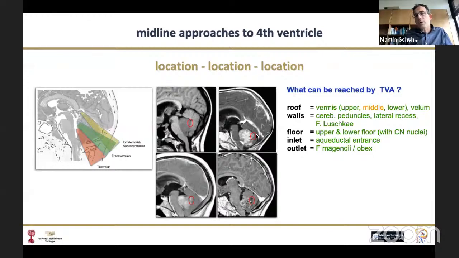So this is the area where we have the highest risk of residual tumor, which I know from some of my own cases and also from working as a panel neurosurgeon. You see quite a lot of recurrence also in other centers happening up there. So the best thing to avoid residual tumor here is something we have already seen.